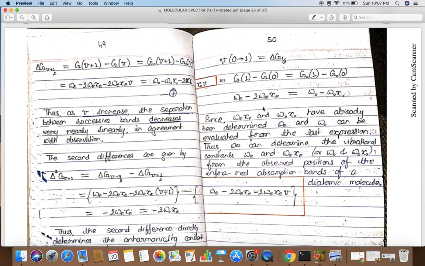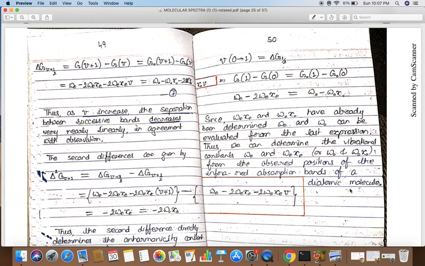Since ωe xe and ω0 x0 have already been determined, ωe and ω0 can be evaluated from this expression. Thus we can determine the vibrational constants ωe and ωe xe from the observed positions of the absorption bands of the diatomic molecule.